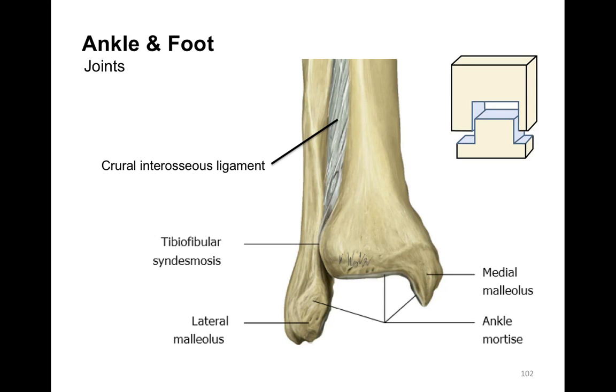Now the ankle joint is often referred to as the ankle mortise, and that is because of its resemblance to a joint in carpentry, where a three-sided structure fits into a three-sided groove. The three-sided groove at the ankle mortise includes the lateral malleolus of the fibula and the medial malleolus of the tibia. So this is often described as a mortise joint, in analogy to that type of joint in carpentry.